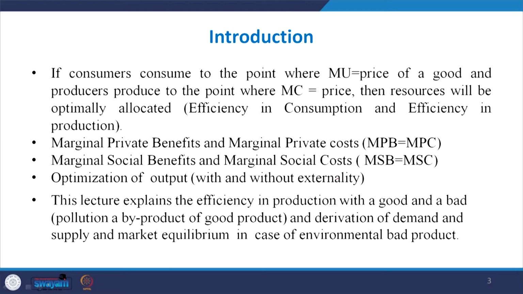So, welfare in any economy must be achieved at the point where the marginal social benefit is equal to marginal social cost, and that is actually done with externality. So, equilibrium optimization can be done with externality or without externalities.